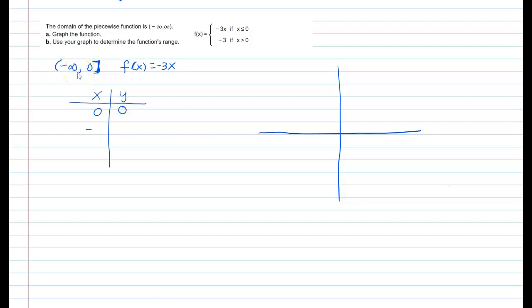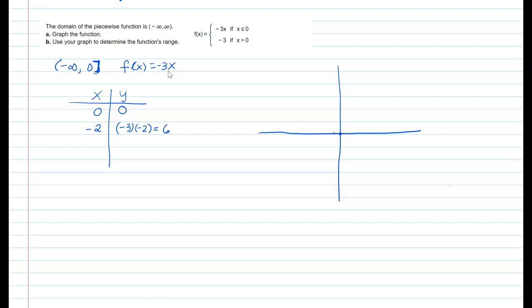So you could use -2. If x is -2, your y would be -3 times -2, and that is just equal to +6. So we have the point -2, 6. So the point 0, 0 is on that line, and then you locate -2, 6.